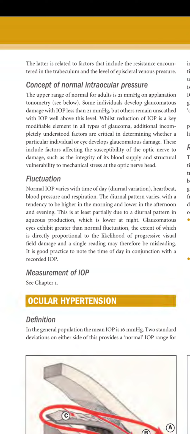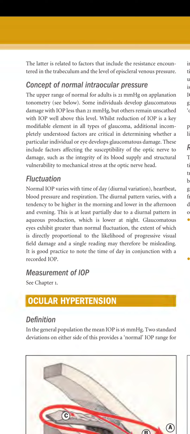Glaucomatous eyes exhibit greater than normal fluctuation, the extent of which is directly proportional to the likelihood of progressive visual damage, and a single reading may therefore be misleading. It is good practice to note the time of the day in conjunction with the recorded IOP. So sometimes when you measure the IOP, it comes out normal, but because of the peaking, the glaucoma IOP gets a peak and you did not get the reading at that time.